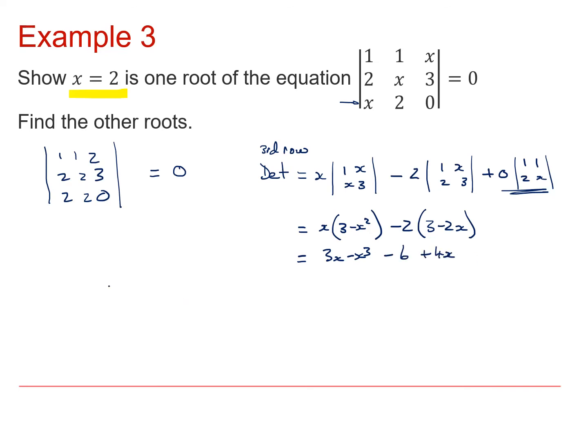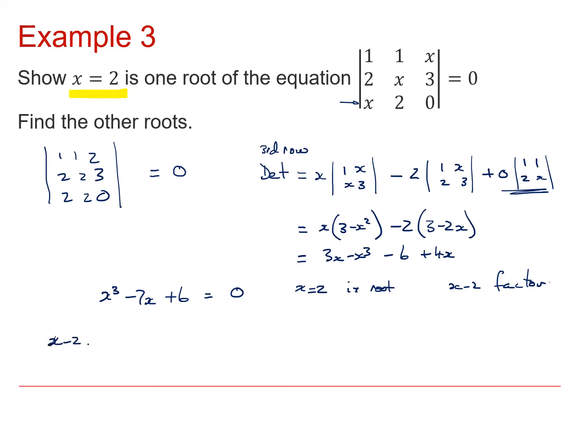And so I've got x cubed minus 7x plus 6 is equal to 0. I know that x equals 2 is a root, so x minus 2 is a factor. So I can divide this by x minus 2 to get the quadratic that's left.